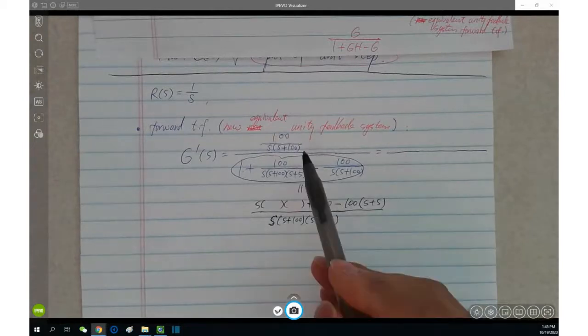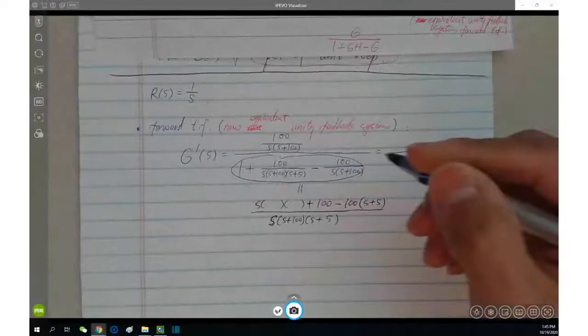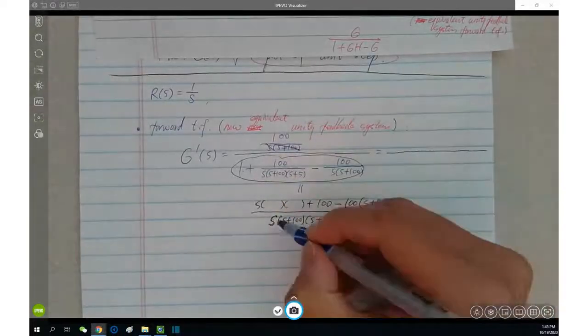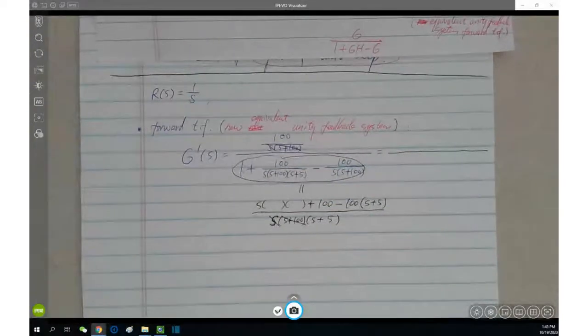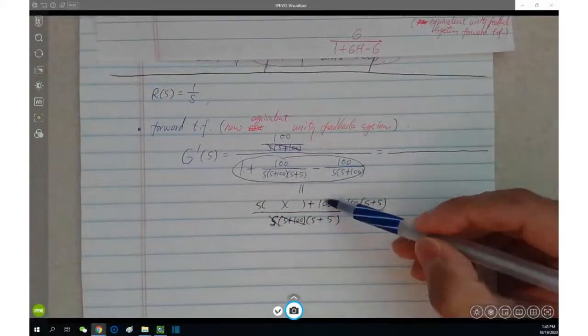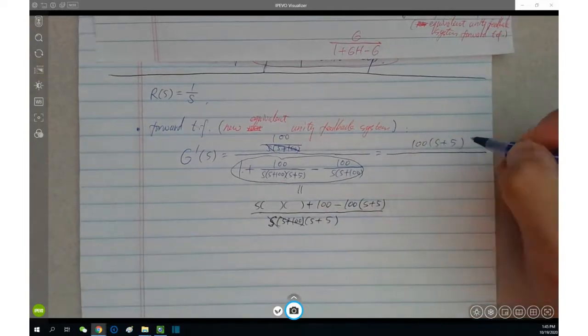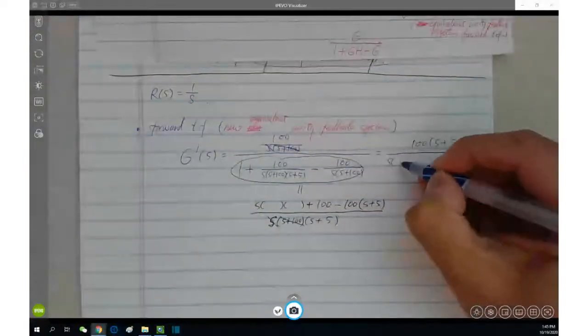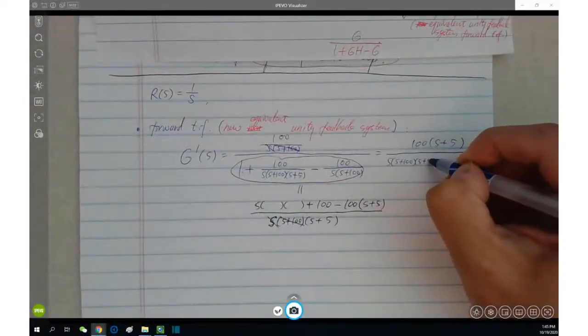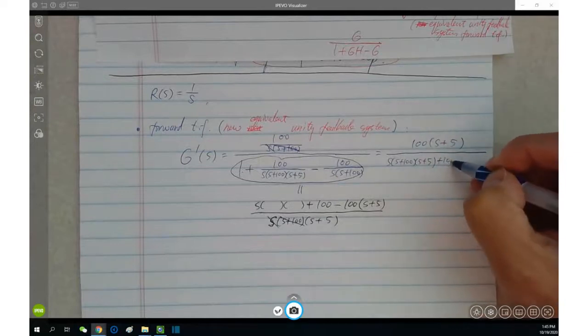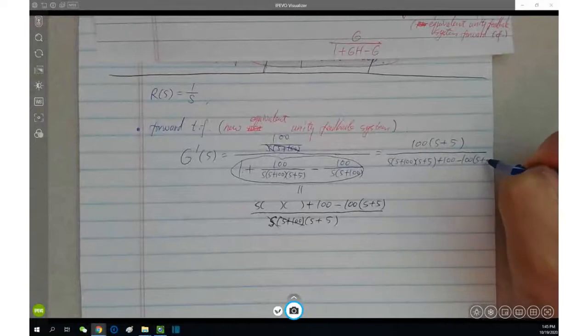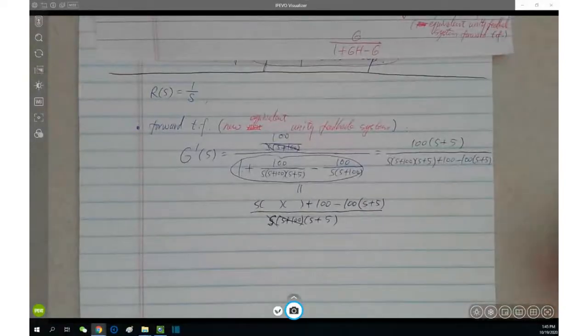Into this and the numerator here, you immediately will cancel s times s plus 100. Right? And then you flip the denominator, so s plus 5 becomes numerator, right? These are basic algebra. Right? This is the resulting new forward transfer function.